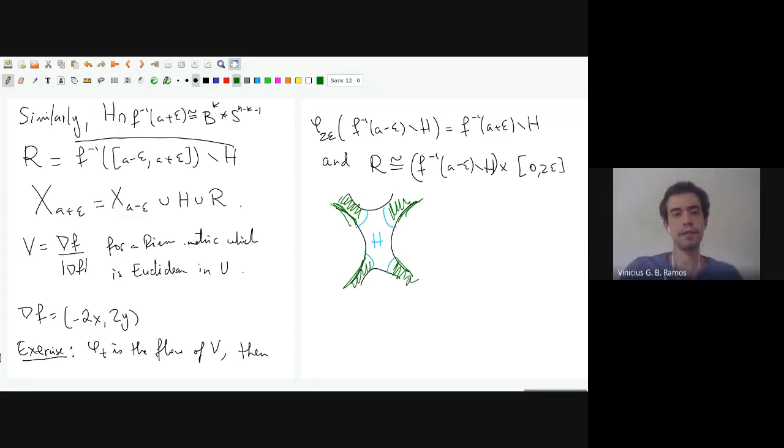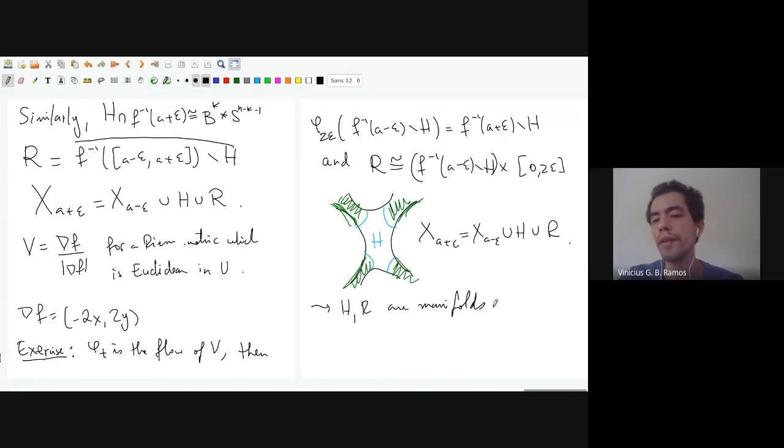Okay, so now we're almost there. So we know that X of a plus epsilon equals X of a minus epsilon union H union R. And this R in some way is kind of trivial. So let's formalize this idea a little better. So let me just tell you that H and R are manifolds with corners.